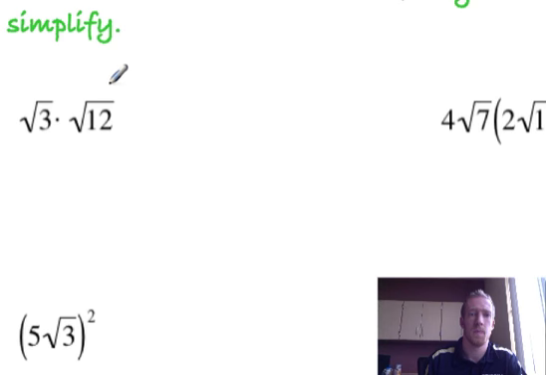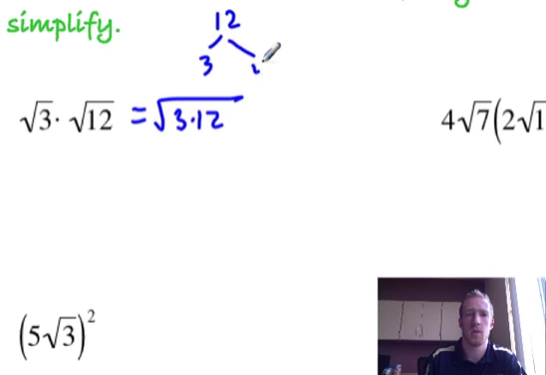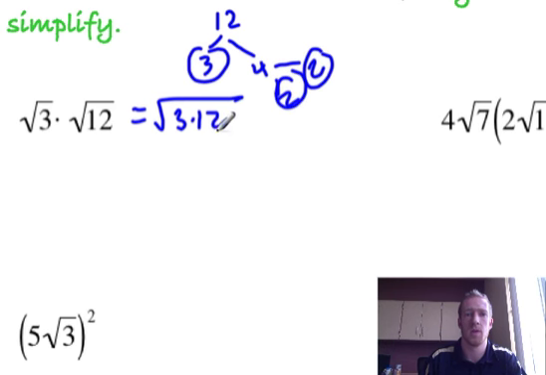We got, this is the square root of 3 times 12. And 12 is equal to 3 times 4, which is 2 times 2. So I'm going to write these in order. So these are going to be the 2 times 2 times 3.